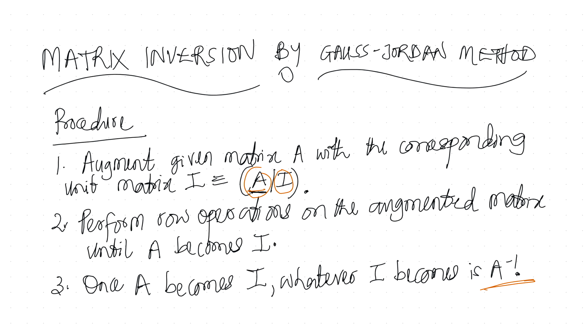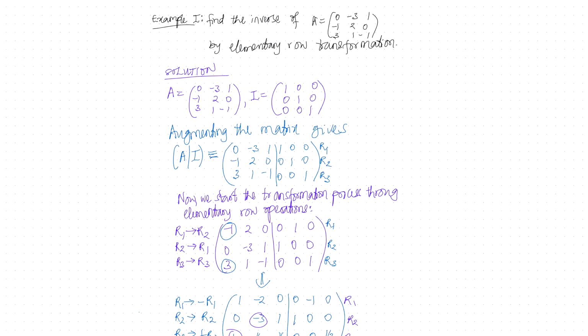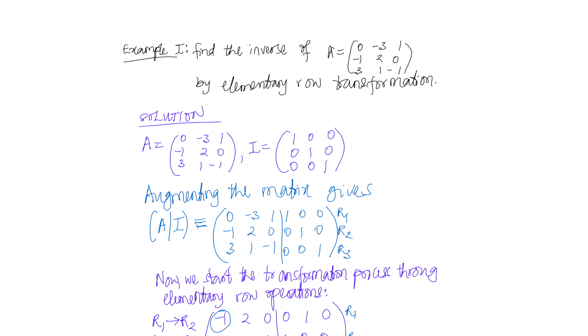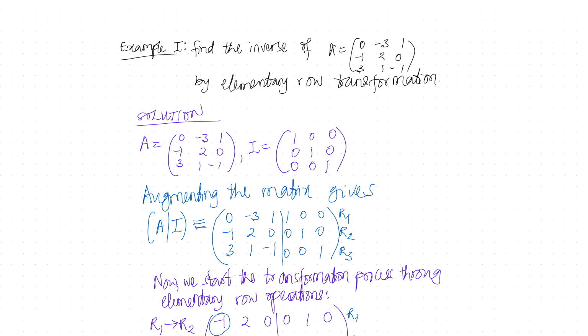Okay, we have an example to take, the first example, which is 3 by 3. It's pretty lengthy, but then we'll go through it carefully. The question is to find the inverse of A, which is a 3 by 3 matrix, 0, -3, 1, -1, 2, 0, and 3, 1, -1, by elementary row transformation. Of course, elementary row transformation is still your normal elementary row operation.